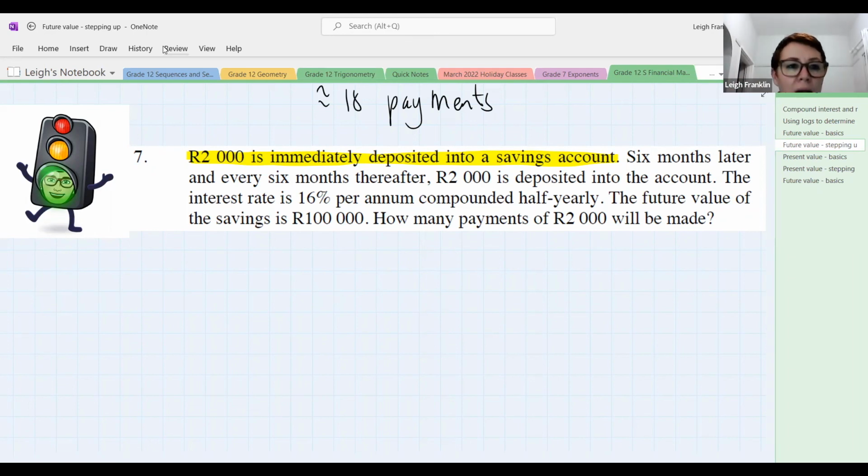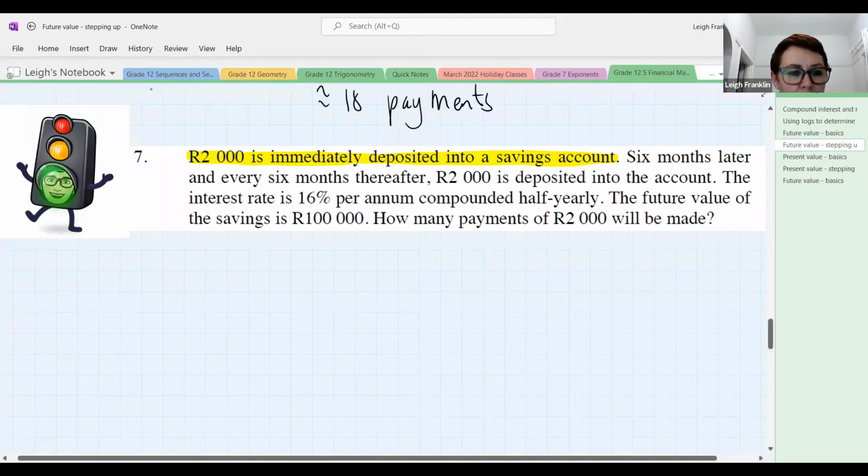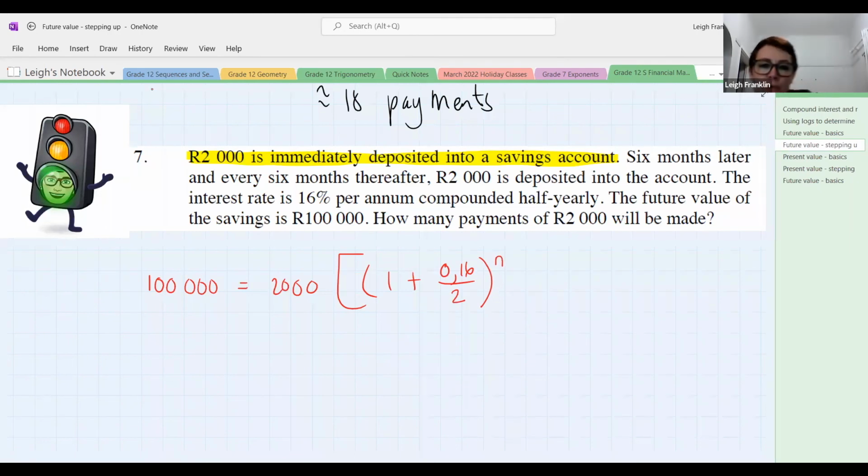What I would do here, and I don't know if you guys did the same, is say that my 100,000 Rand is my future value. My 2,000 Rand is my X. 1 plus my interest rate, in this case 16% per annum compounded half yearly, so I'm going to divide that by 2. And now I want to calculate the number of payments.